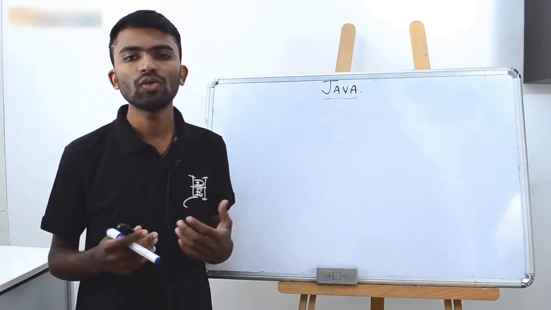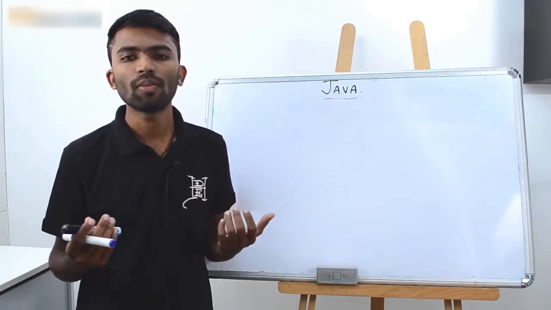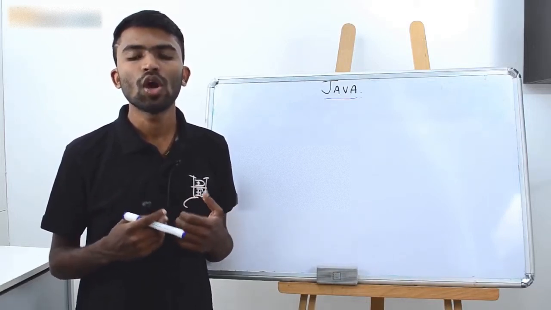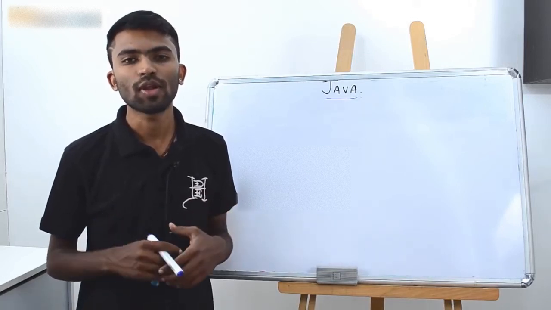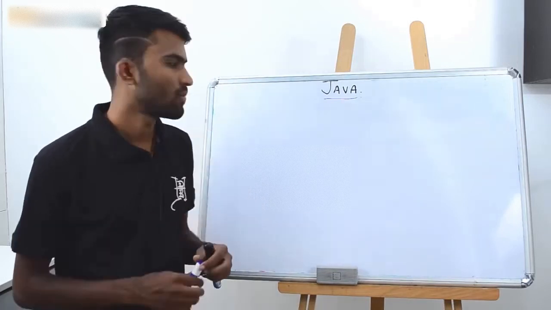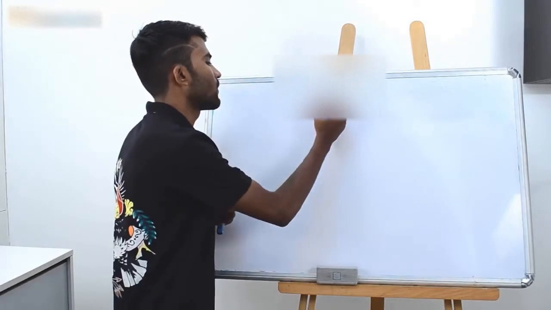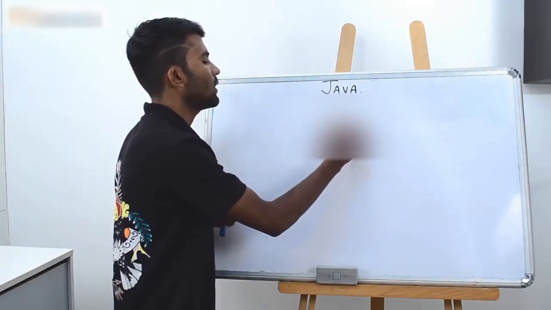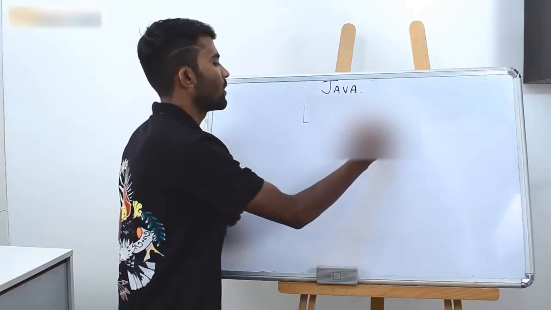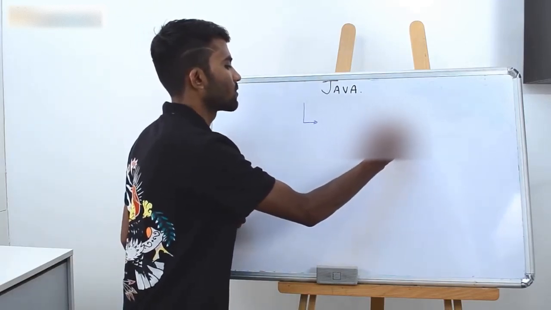We'll try to see what the drawbacks were in programming languages, or what made an effort to create something known as Java. Java was developed in the year 1995 by Sun Microsystems.